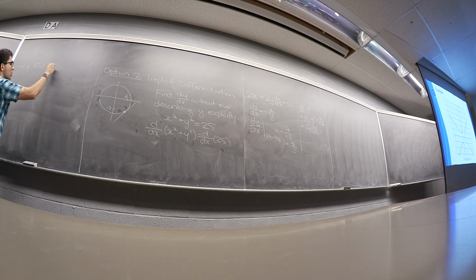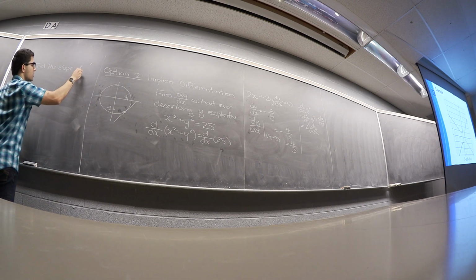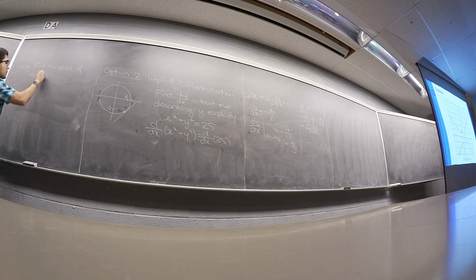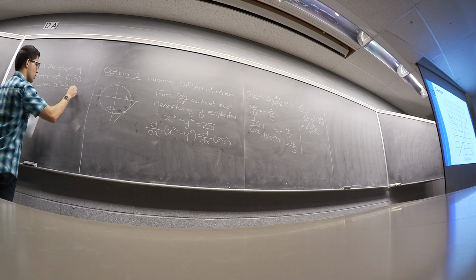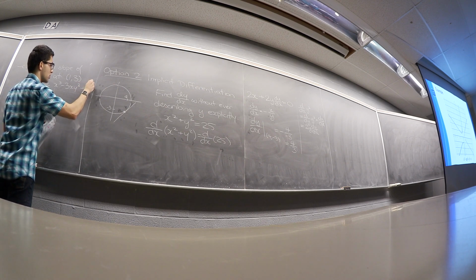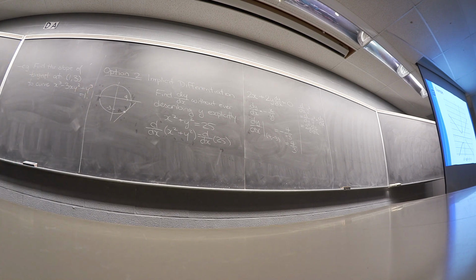Find the slope of the tangent at (1, 3), the point (1, 3), to the curve described by the equation x cubed minus 3xy squared plus y cubed equals 1. Verify that point is actually on the curve, okay? If it's not, the person giving you this question is sick, okay? You plug x equals 1 and y equals 3 into here and make sure it checks out.